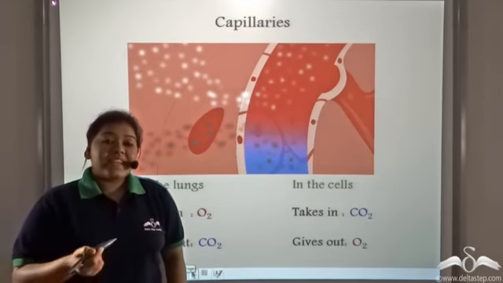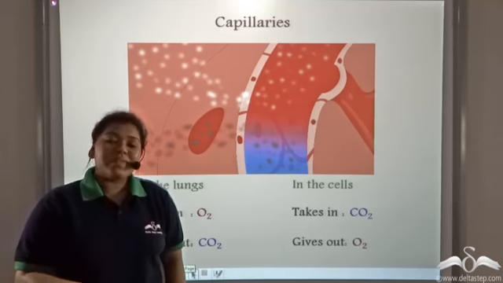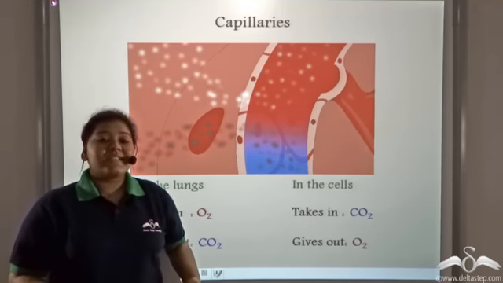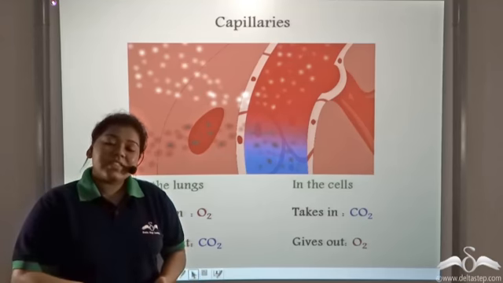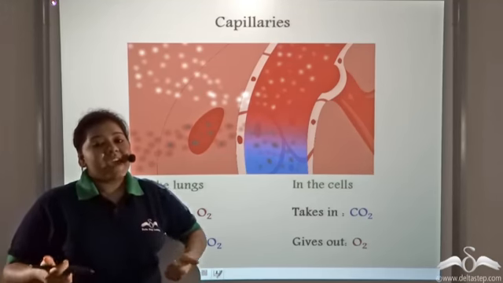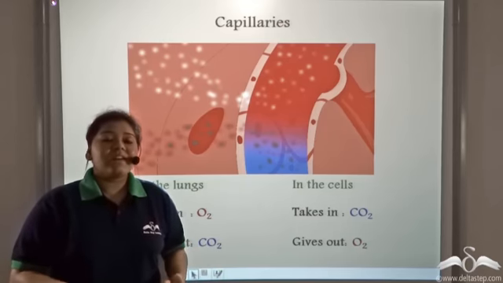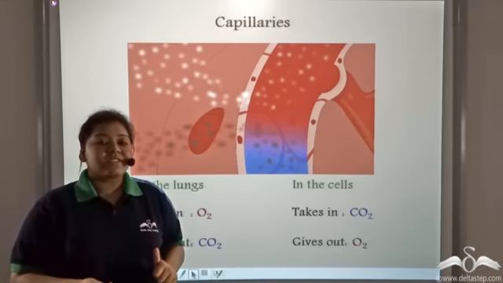Now, this gaseous exchange does not only take place in the alveoli. The blood vessels which are carrying this oxygenated air or air rich in carbon dioxide are also taking part in this gaseous exchange.